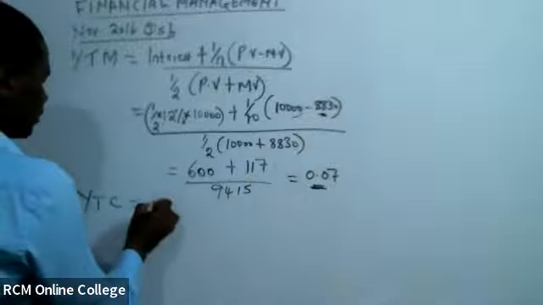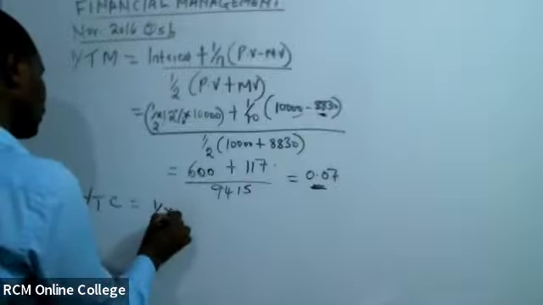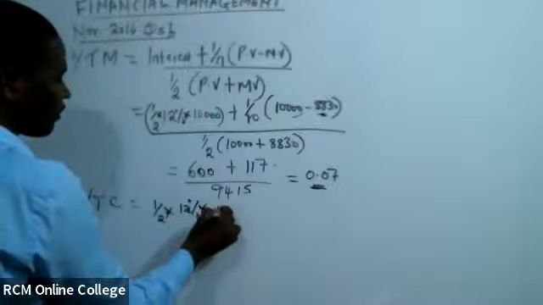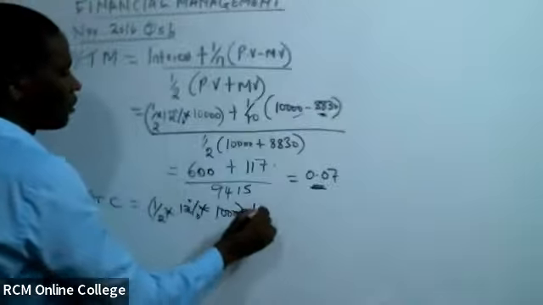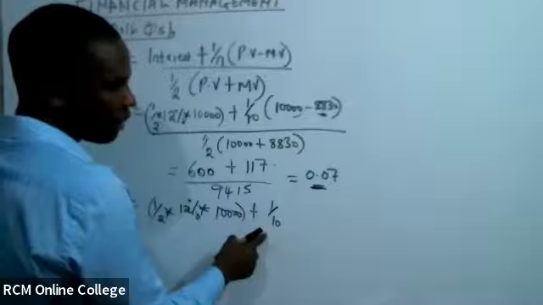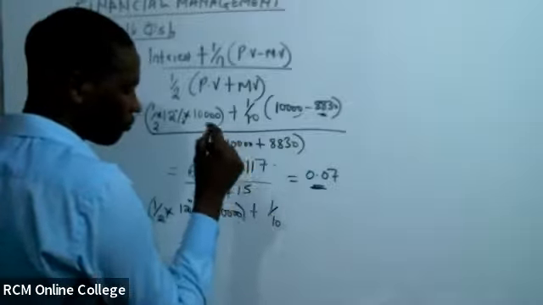So it will be just the same, half of interest, 12% times 10,000 par value remaining, times 10,000, so that's the same, plus 1 over 10. Remember now here we shall multiply our callable for 5 years.